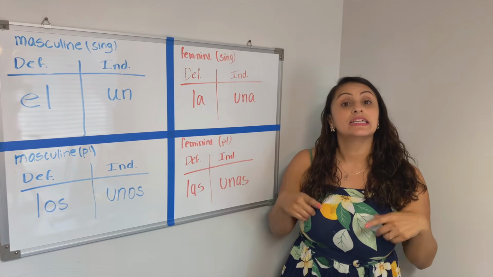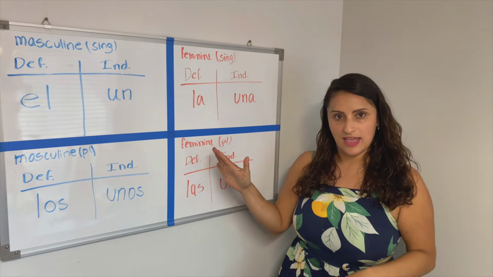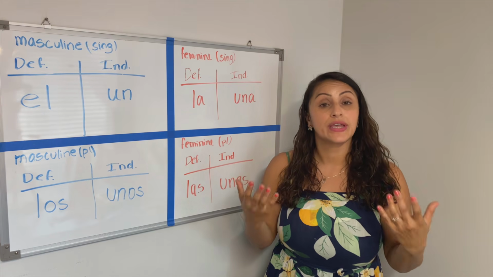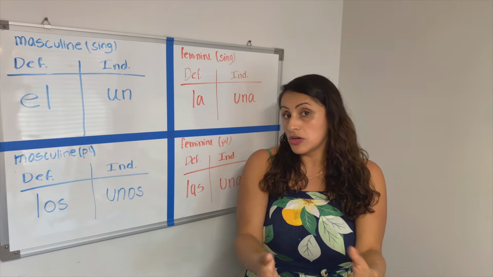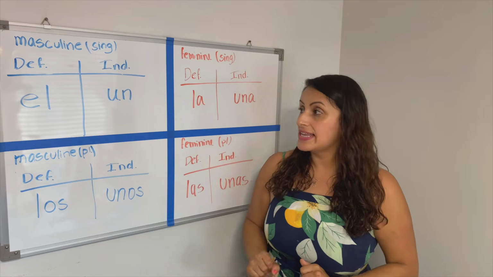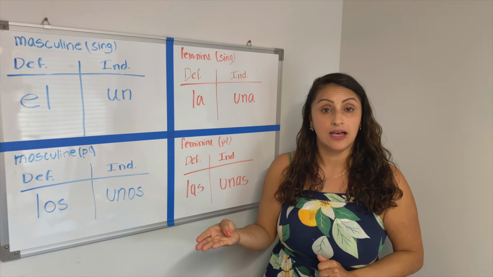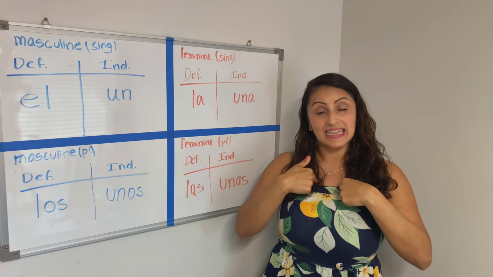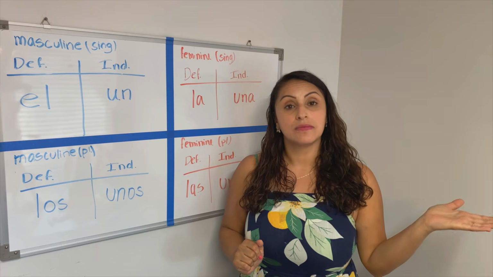So why do we need to know this? Because again, pretty soon we're going to be using this and putting it together with other grammatical structures to create sentences and be able to communicate with a Spanish speaker or simply in Spanish. Right now, you're learning how to say the, a, and some, but pretty soon we're going to be able to say, I like the pizza. I like an ice cream.